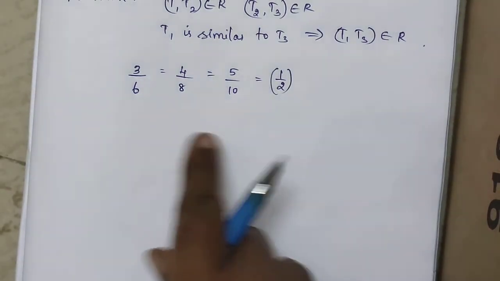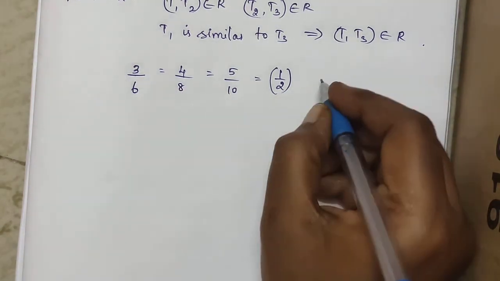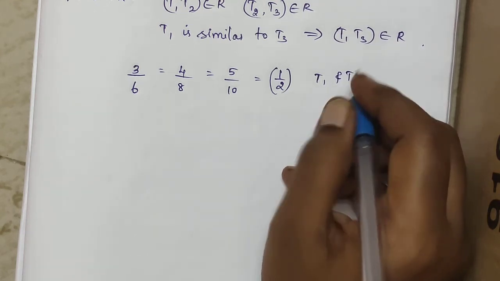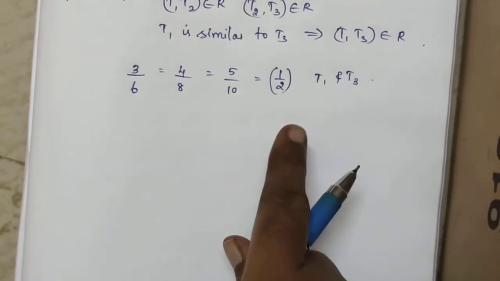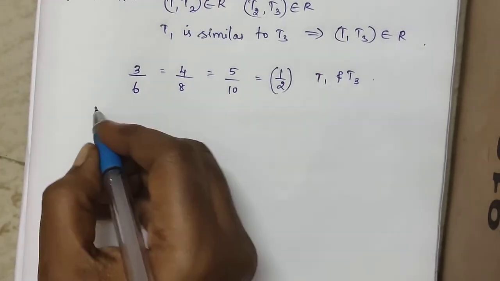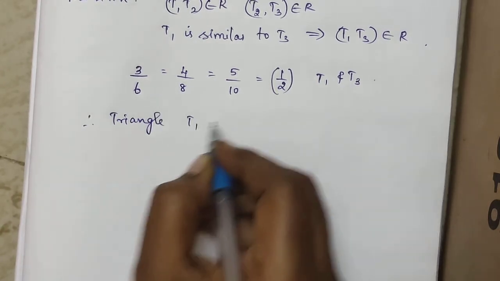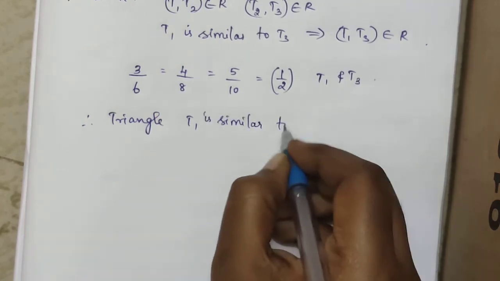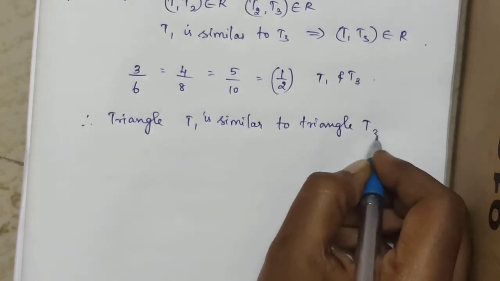So we have a common proportion between triangles T1 and T3. Therefore, triangle T1 is similar to triangle T3. That is what is asked.